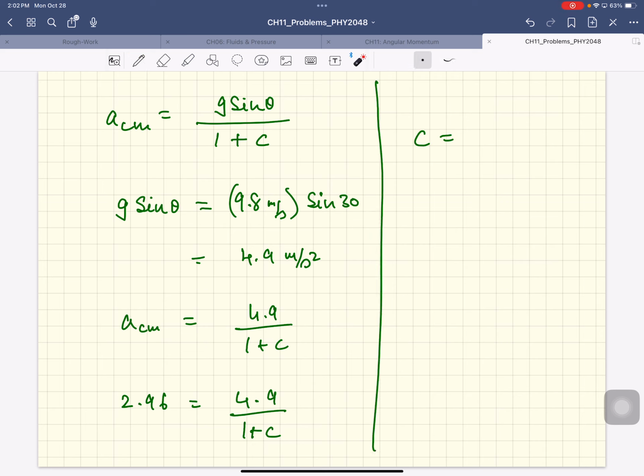So you multiply this by that, and this works out to 1.94 divided by 2.96. Again, if you do all the algebra, that's what it should work out to. 4.9 minus 3 is 1.94.